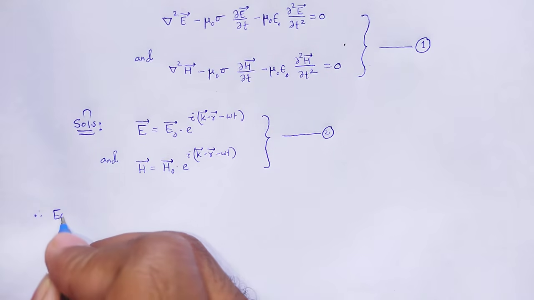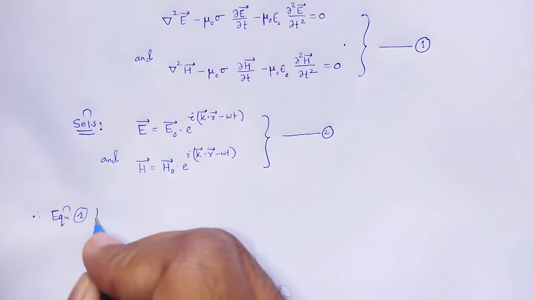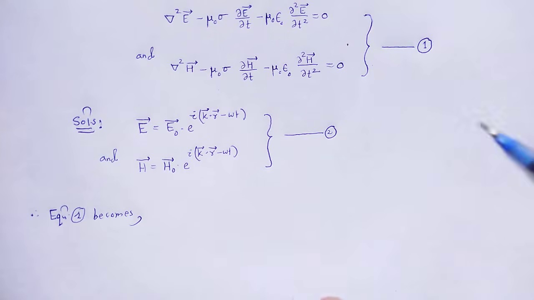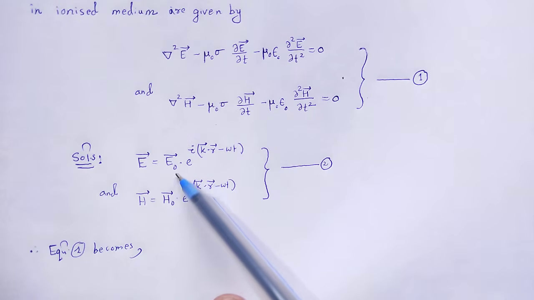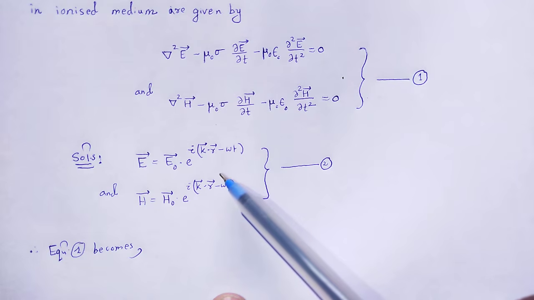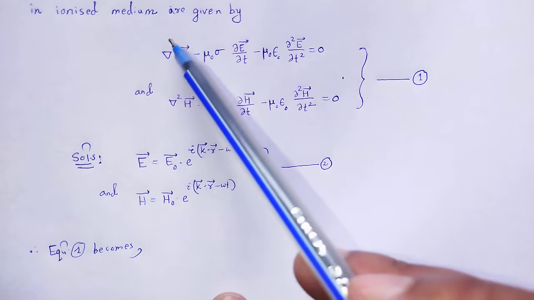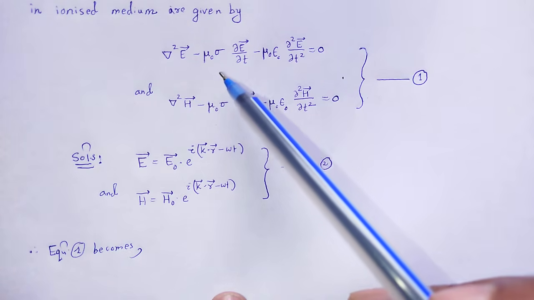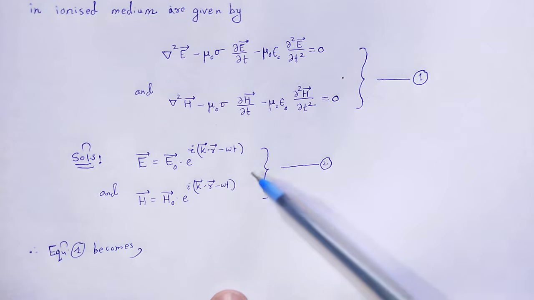Anybody can put in place of E that solution result, or simply by taking the form in place of the grad operator and del by del t operator, we can easily simplify without putting that solution result.